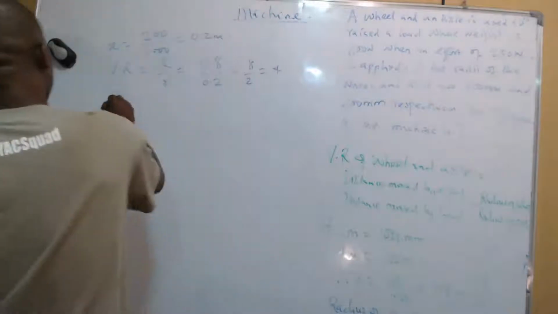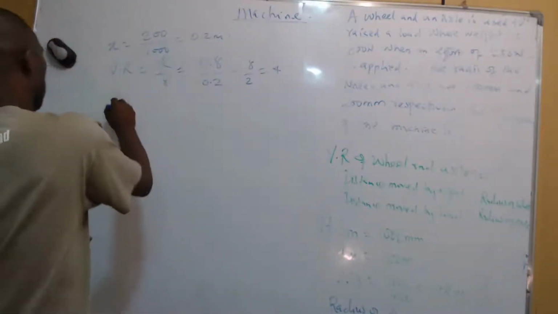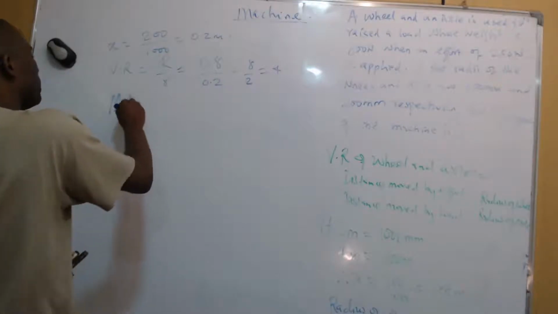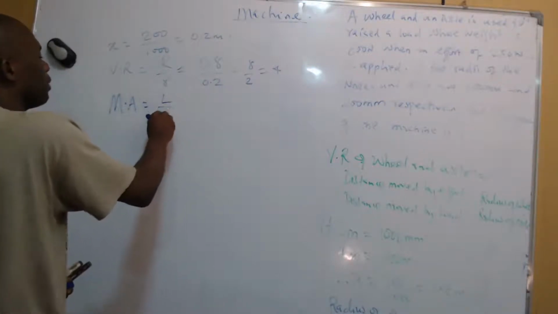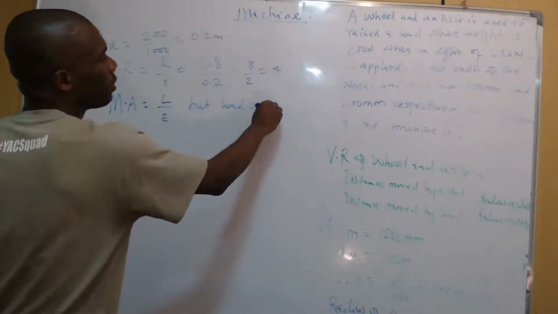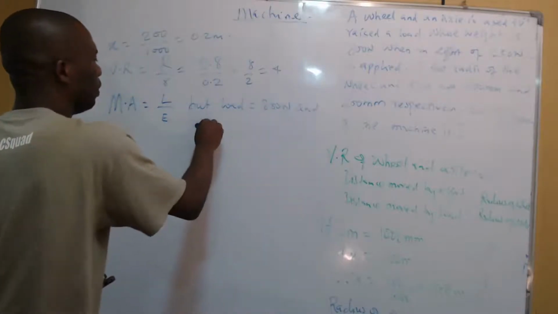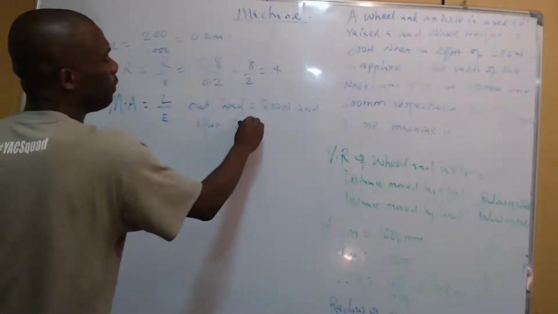So mechanical advantage is equal to load over effort. But load was 800 Newton and effort was 250 Newton.